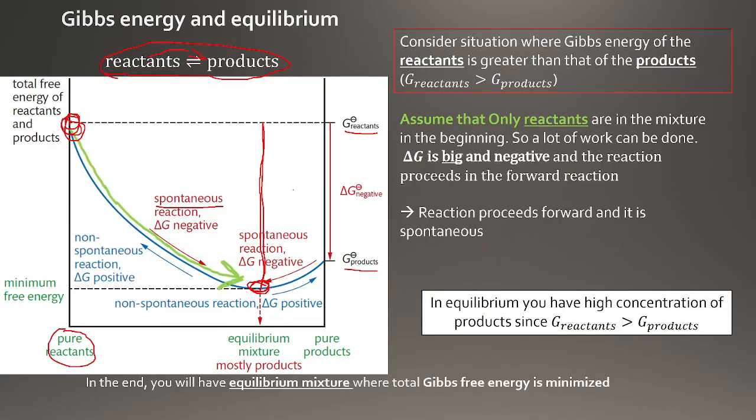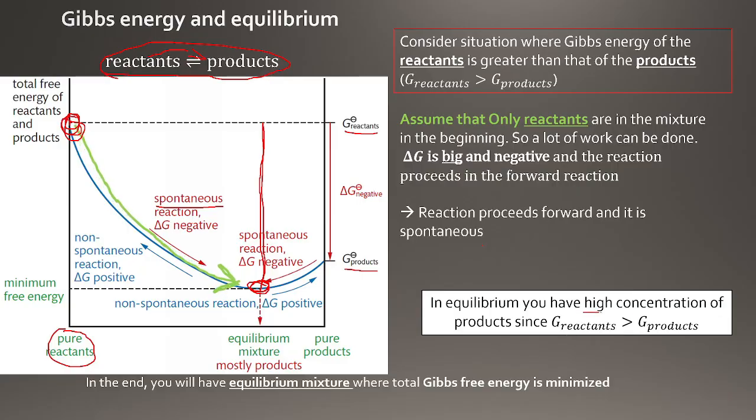Yeah, like that. So now when we take a look at the equilibrium mixture, in cases like this, when the Gibbs energy of the reactants is much greater than the Gibbs energy of the products, and we let the reaction proceed towards the equilibrium, in the end, at equilibrium, in that equilibrium mixture, most of the substances are reactants.